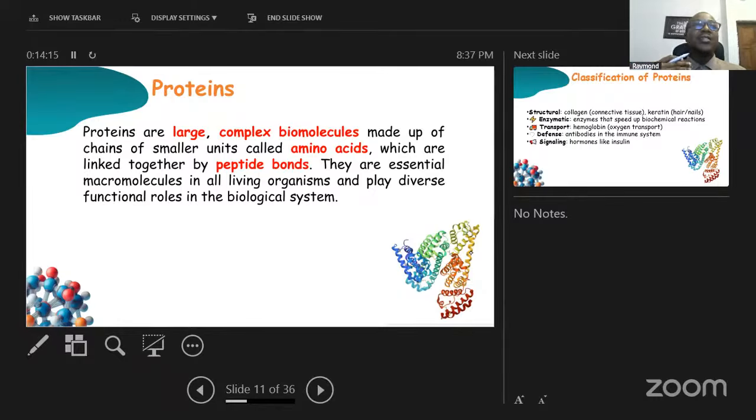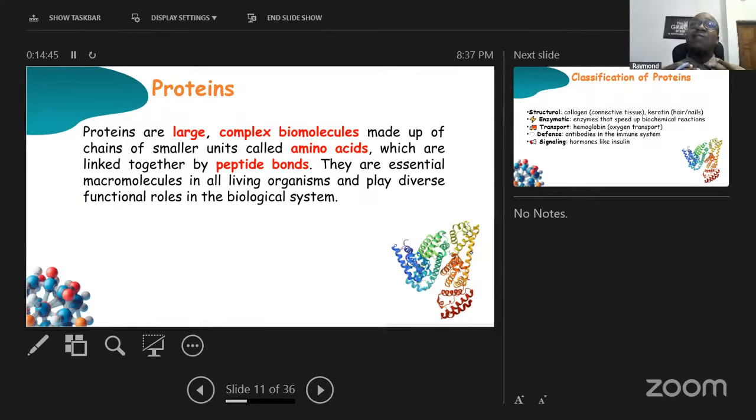You can digest your food because of proteins. You can send information in your body because of proteins. You can fight foreign microorganisms and disease because of proteins. You can breathe very well because of proteins. So proteins are essentially important.